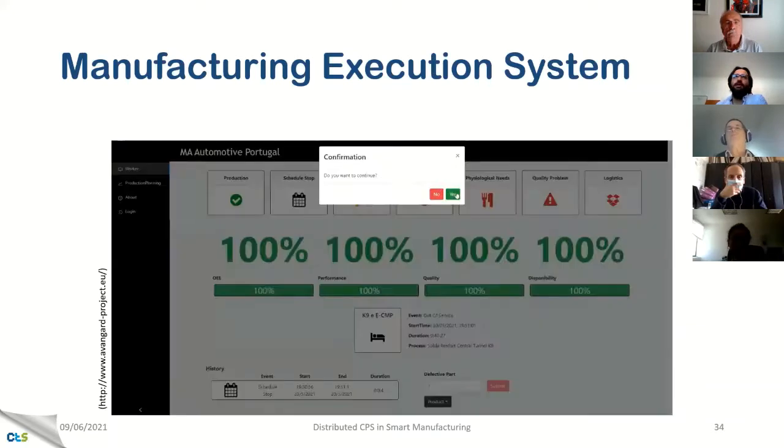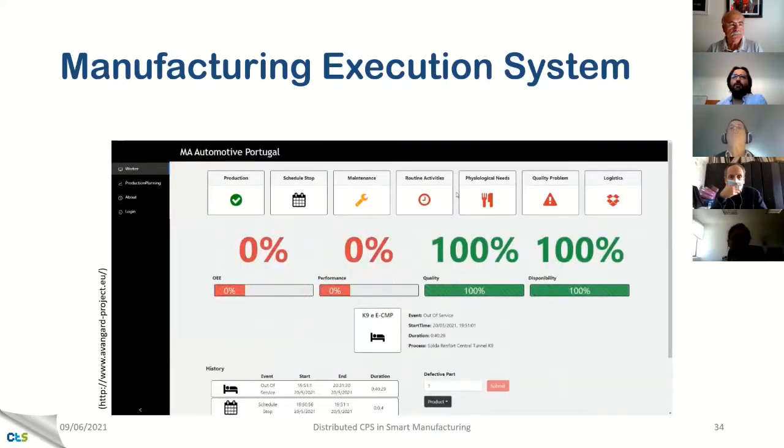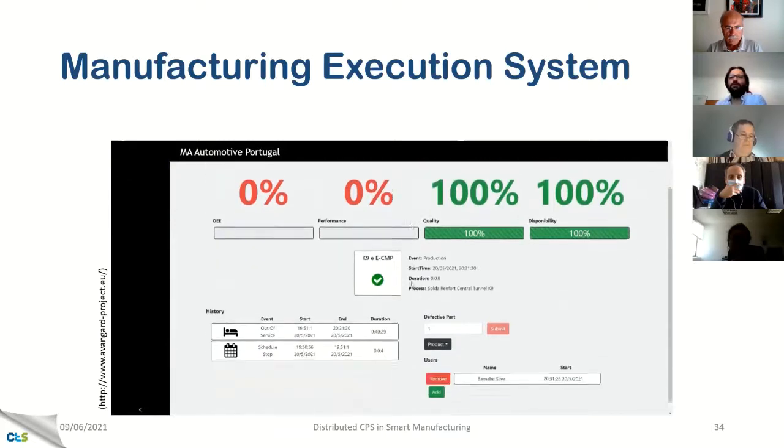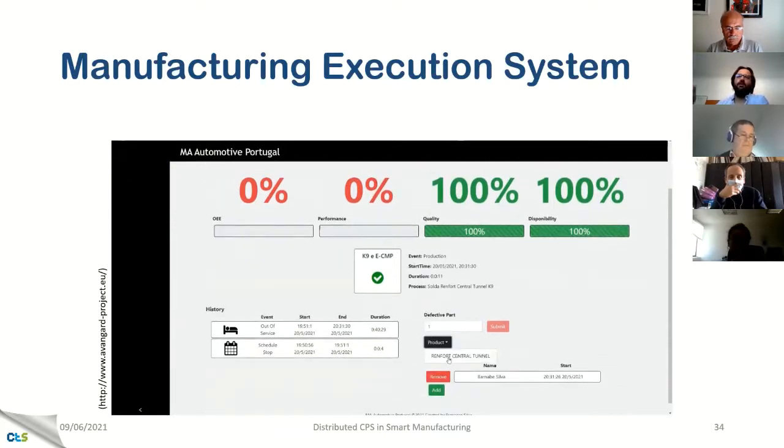And in this case, the idea was to develop a platform where we can have all the information regarding the performance of the machines, the performance of the operators, the performance of the factory, everything together in the same tool.